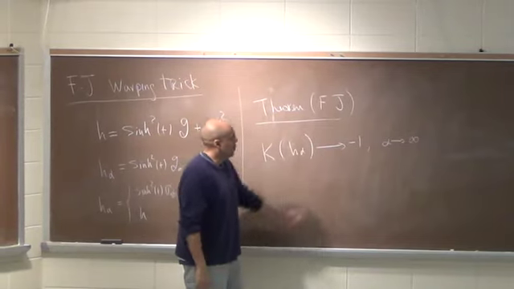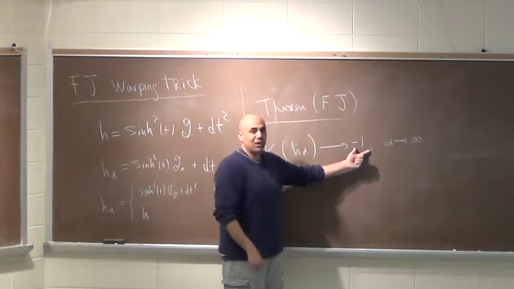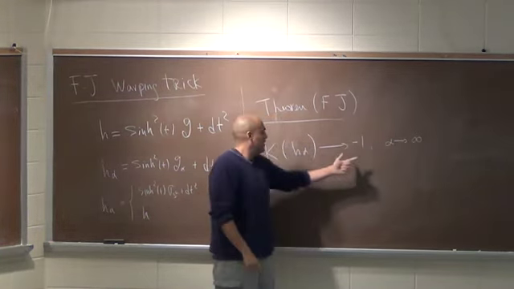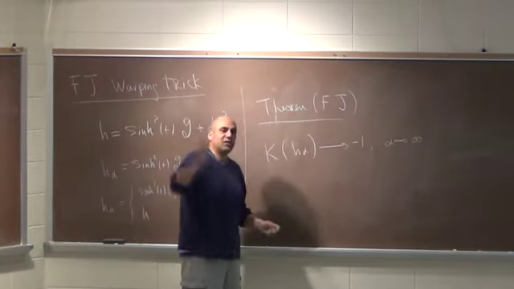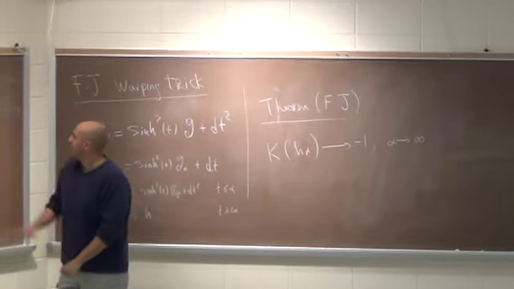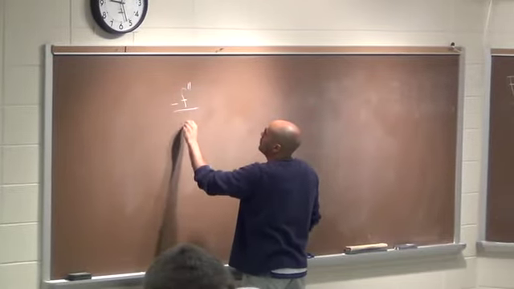If you say I want this to be within 0.001 of -1, then if I take alpha bigger than 1,000,000, all the sectional curvatures at every point, all the way to infinity, are close to -1.